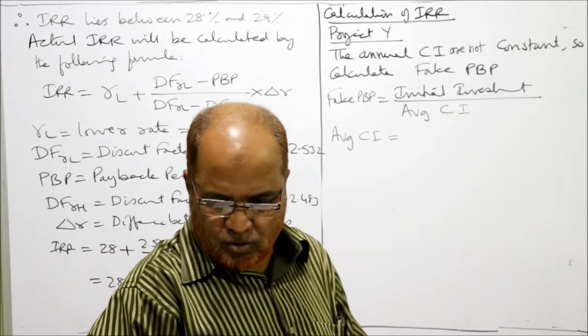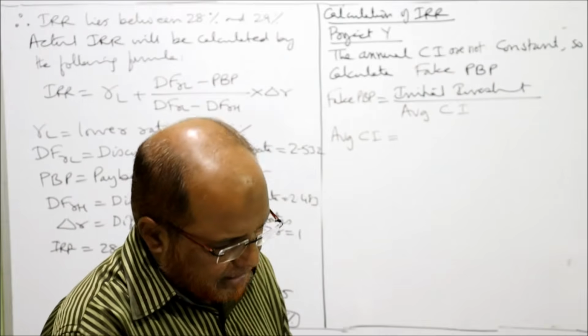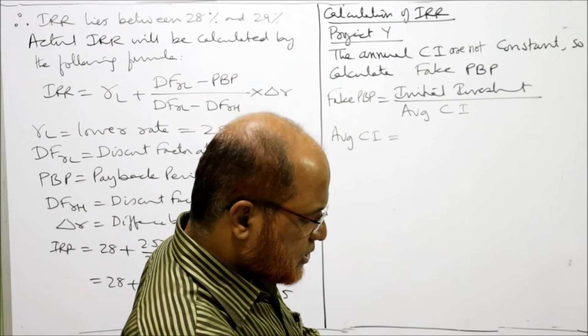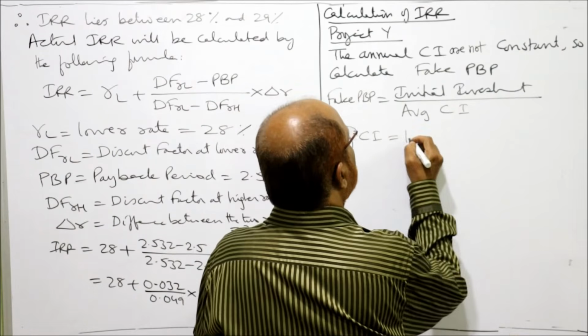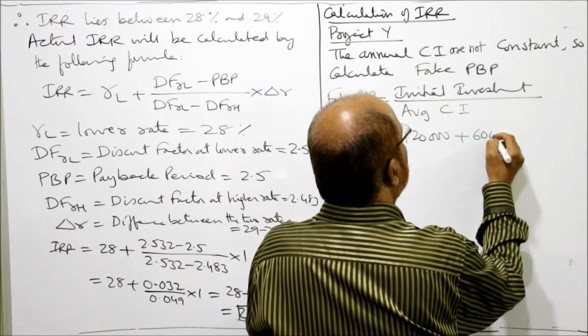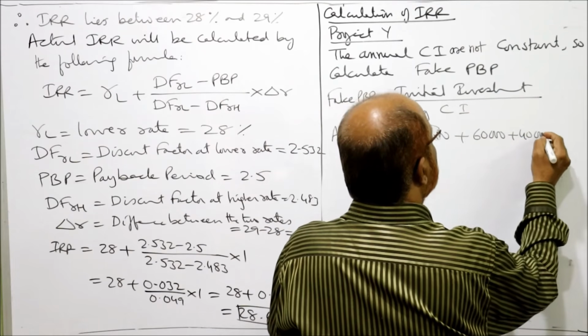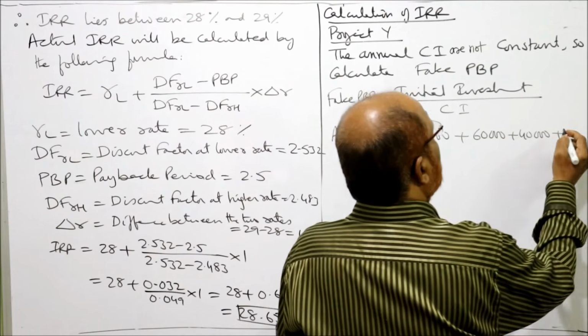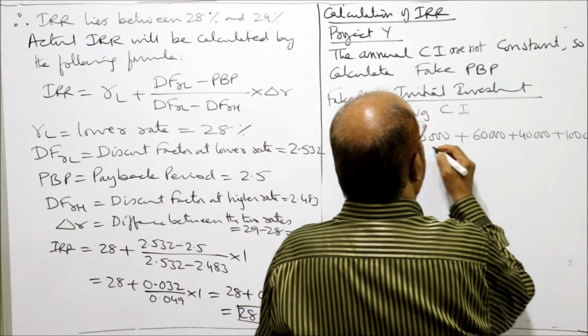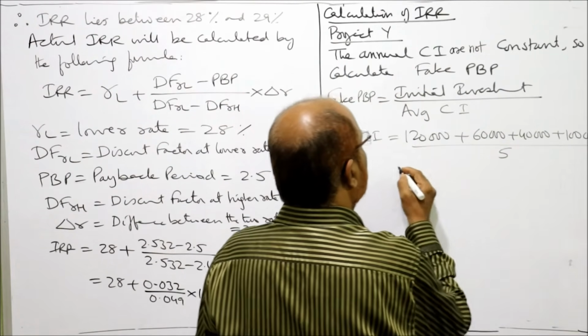Average cash inflow is equal to, now we take the total of the cash inflows: 1,20,000 plus 60,000 plus 40,000 plus 1 lakh plus 1 lakh, divided by 5.